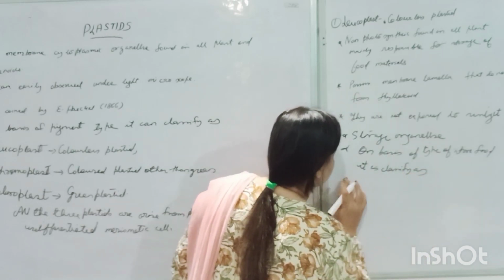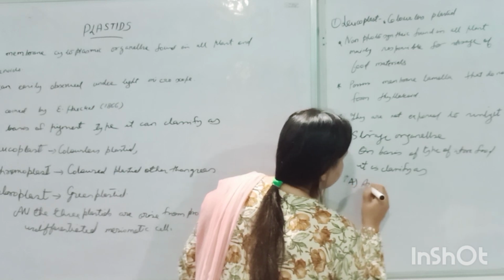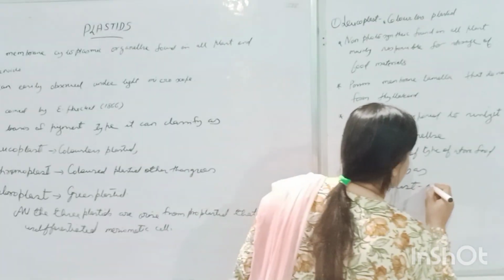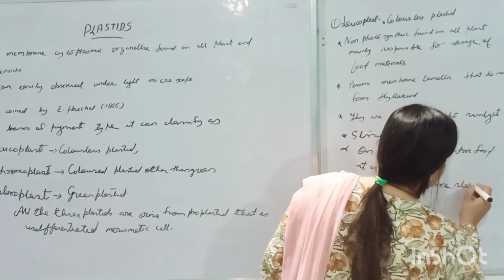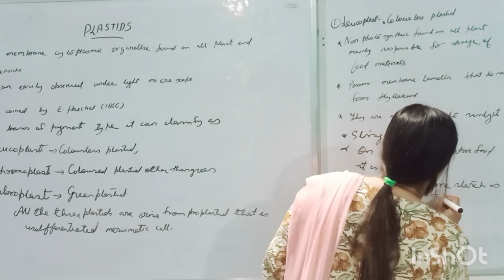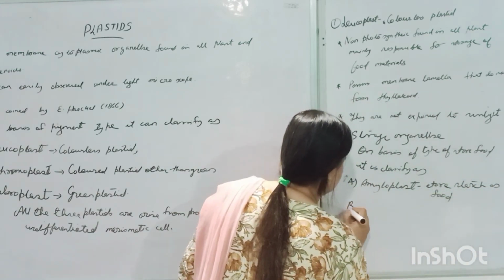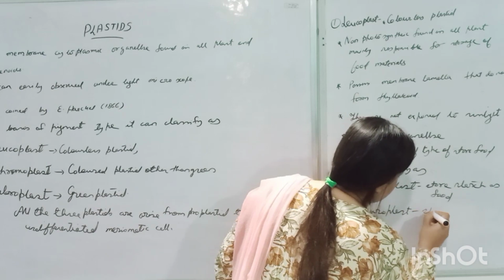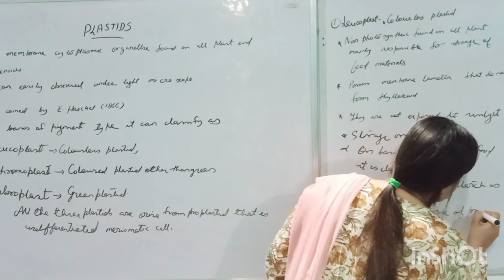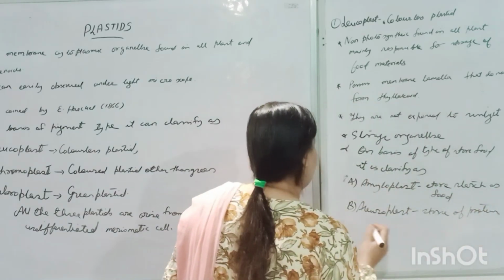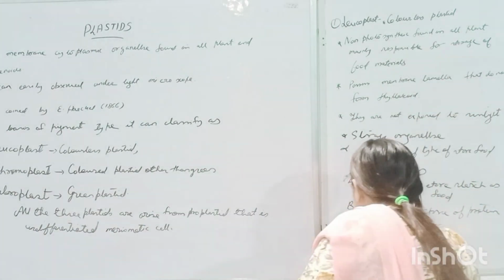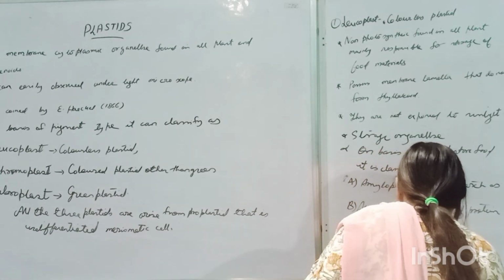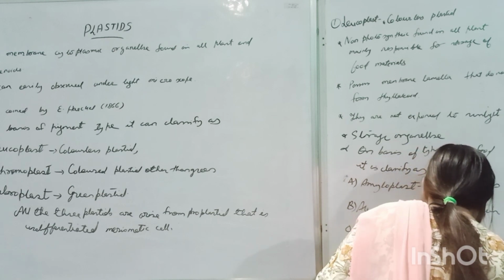Amyloplast stores starch as food, aleuroplast stores protein, and elaioplast is for lipid and fat storage.